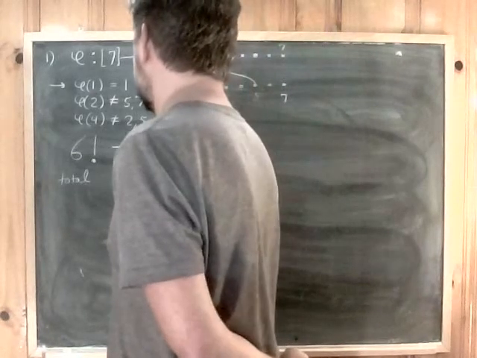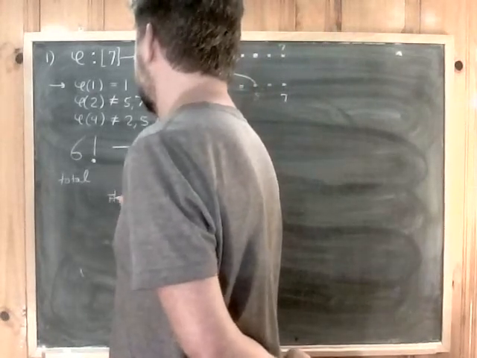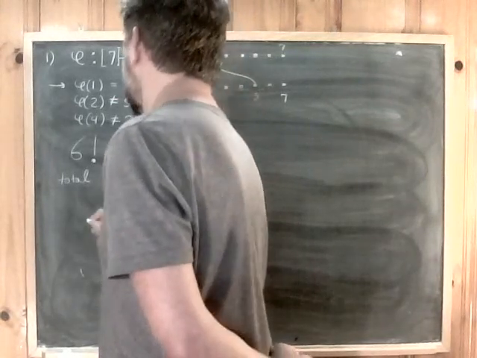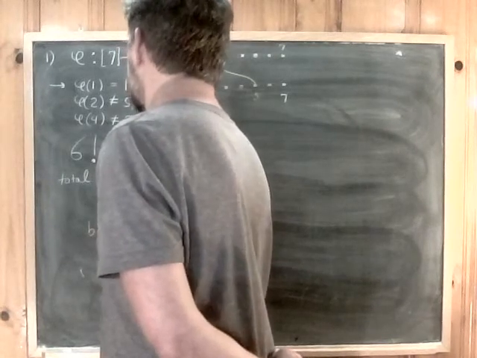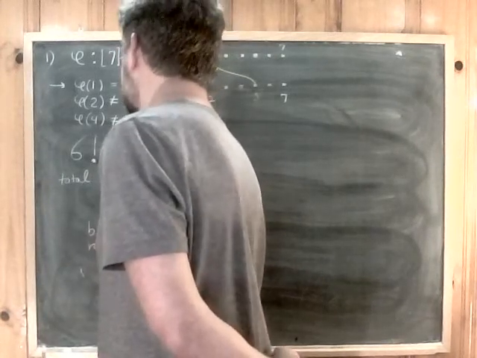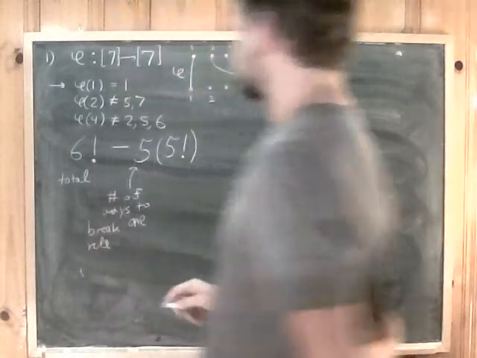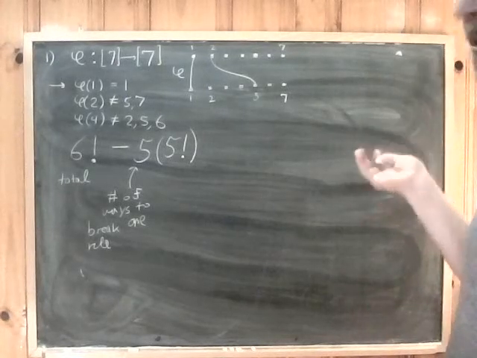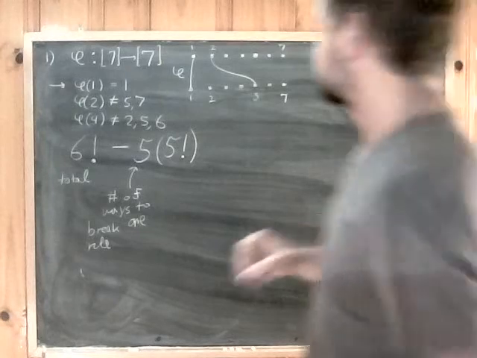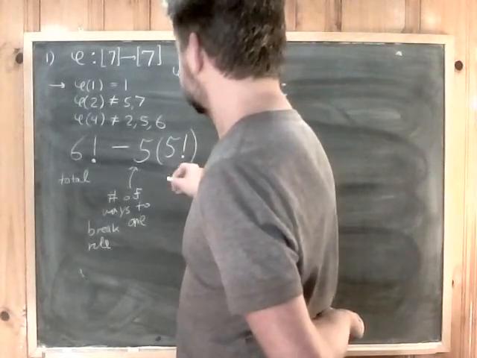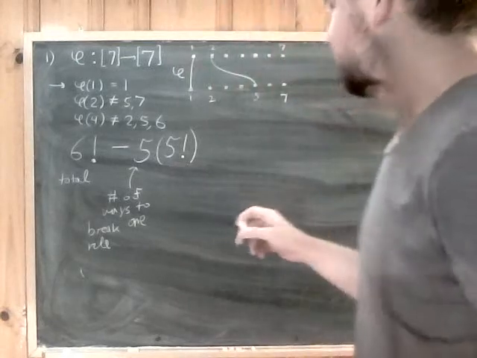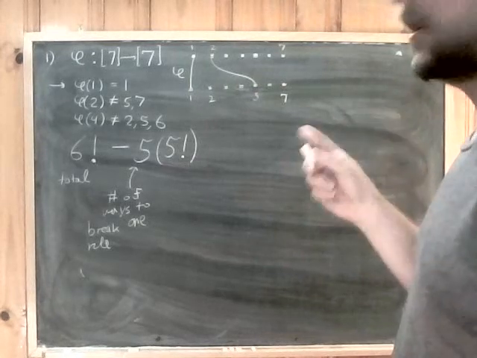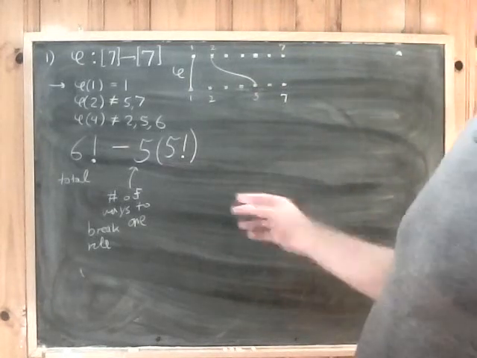So this would be the number of ways to break one rule, and 5 factorial is, for each way of breaking one rule, how many permutations are in there. 5 factorial is the number of permutations which break a specific rule once.